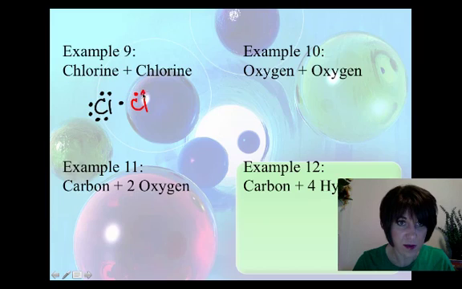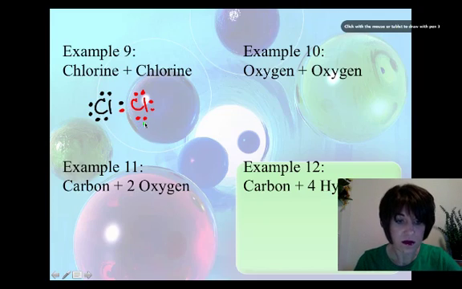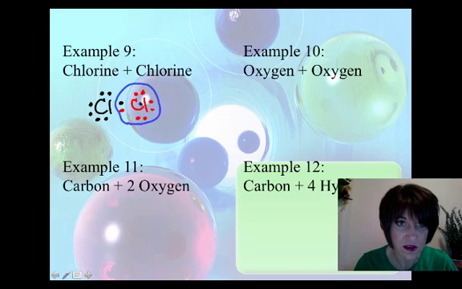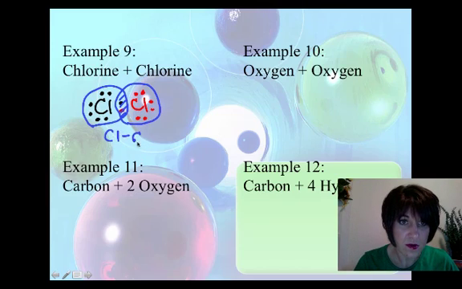Since they're the same type of atom, there's no reason to suspect they would share unequally. So now the electrons are in between. I'm going to circle the location of these bonds. So here this chlorine gets access to these 8 electrons. See that? 2, 4, 6, 8. Then this chlorine gets access to 8 electrons, and they're sharing the 2 in the middle. So that's a bond that we call a single bond because they share only one pair.